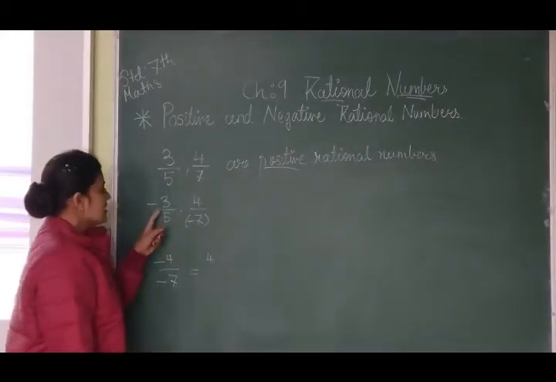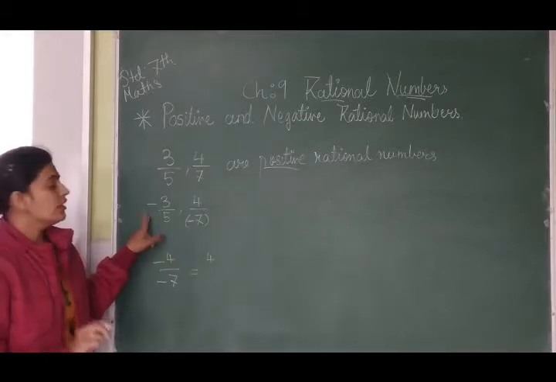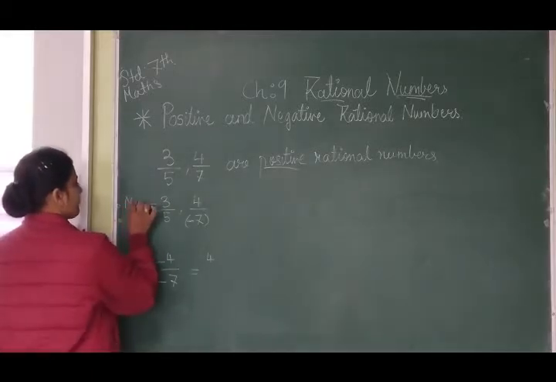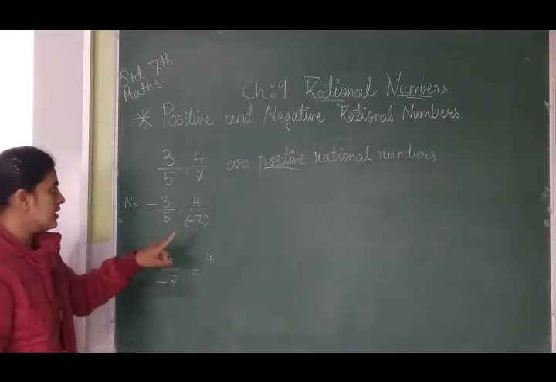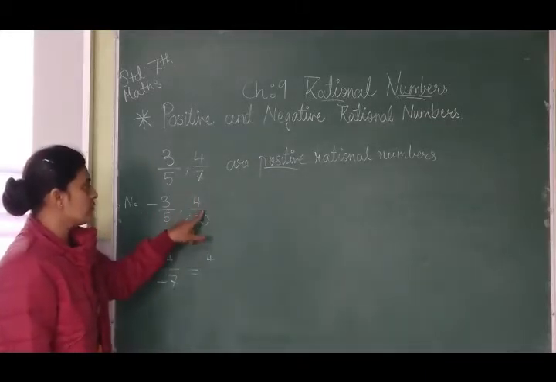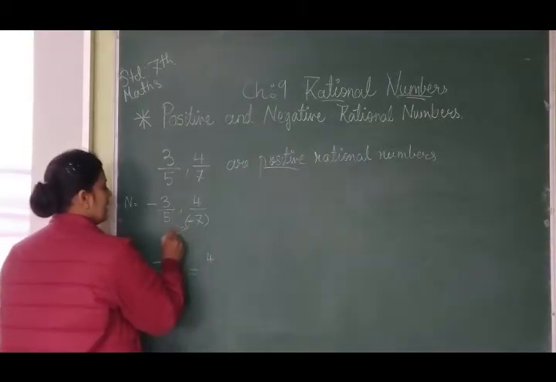Now here minus 3 by 5. You can see the numerator is negative. So these are negative rational numbers. And here in the next one 4 by minus 7, here the denominator is negative.